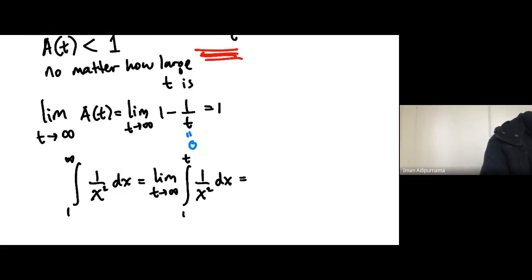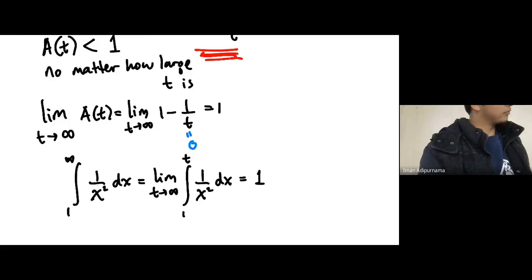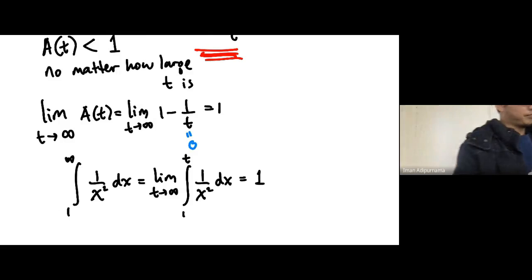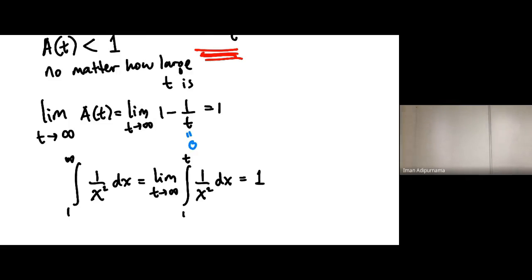And after some calculation, we can conclude that this is 1. And we conclude the solution for the integral of 1 over x squared from 1 to infinity converges at 1. So we say that this is convergent.